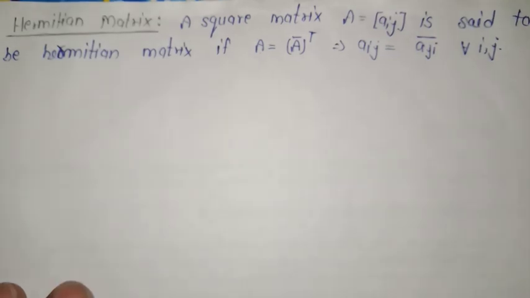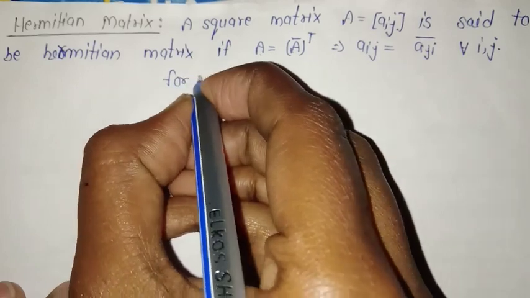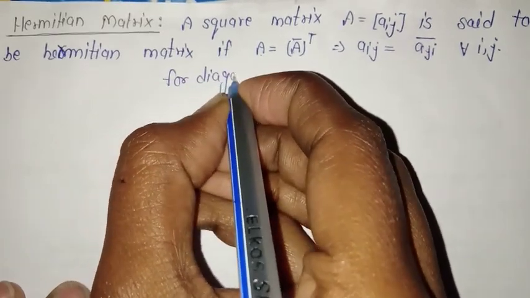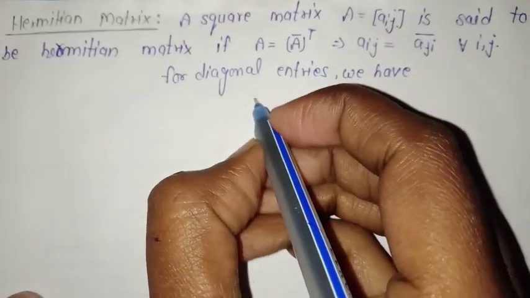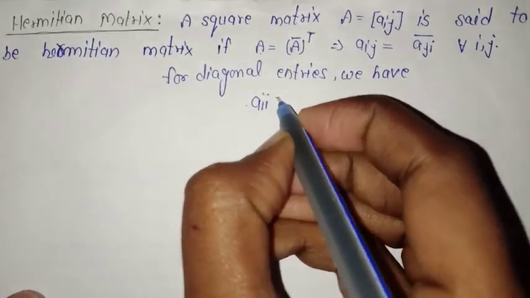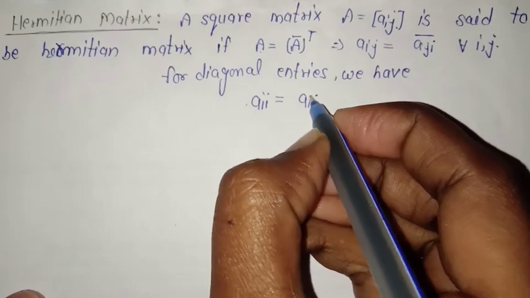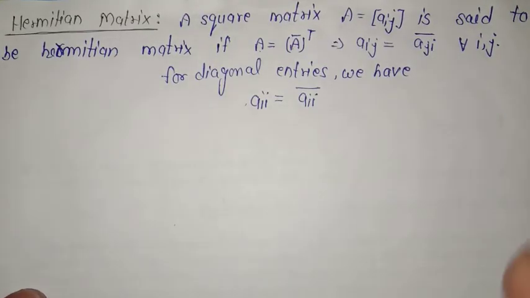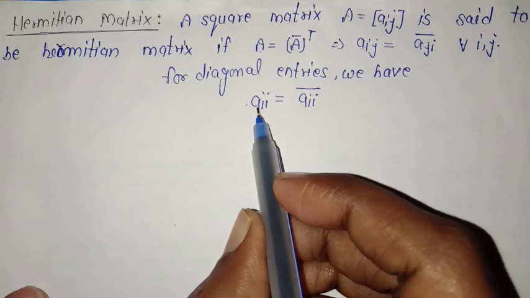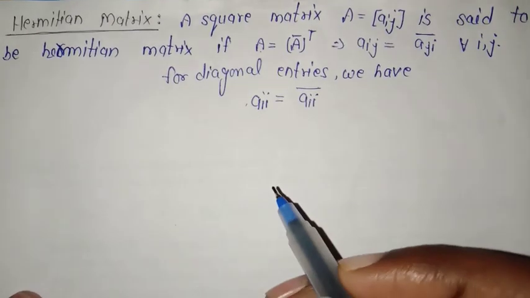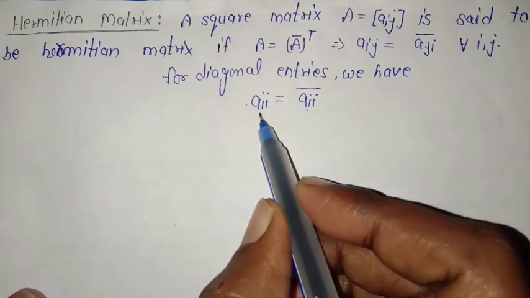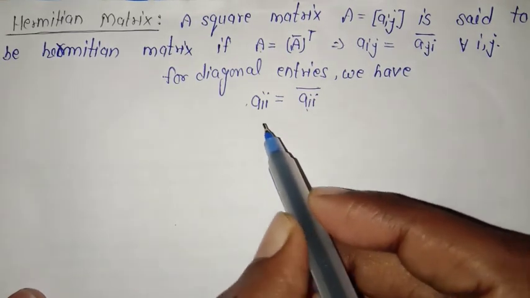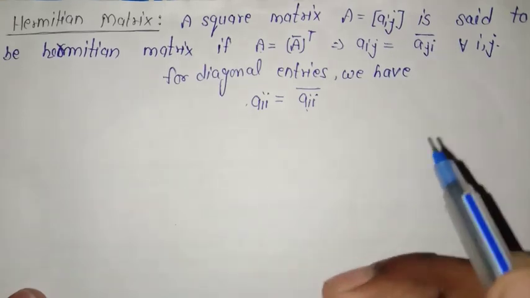Now if we talk about the diagonal entries of a Hermitian matrix, for diagonal entries we have Aii is equal to Aii bar. This means that the conjugate of the element is equal to the element, and this is possible only when we take a real number as the diagonal element, because the conjugate of a real number is the number itself.